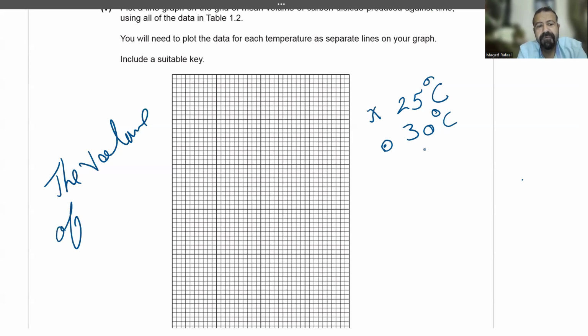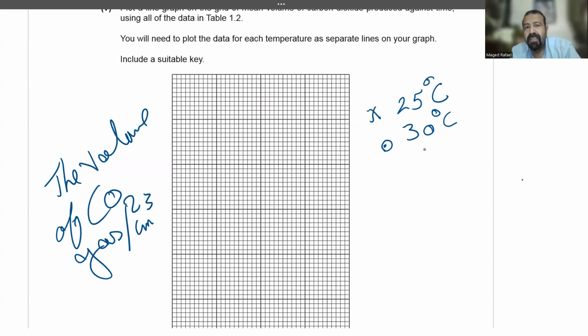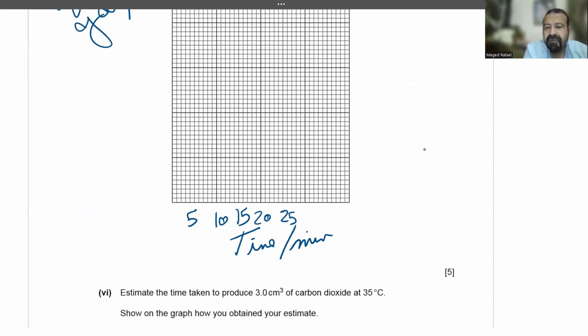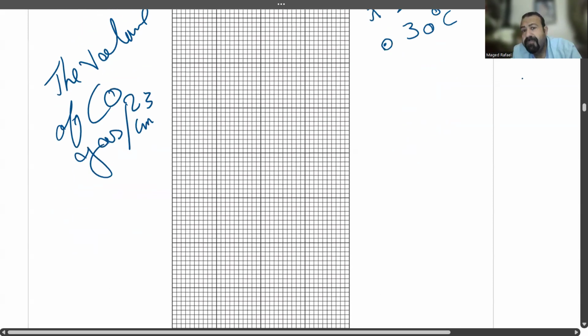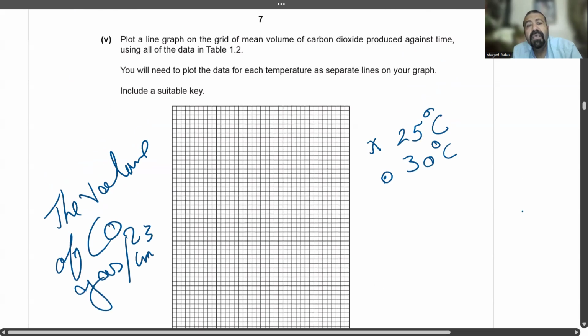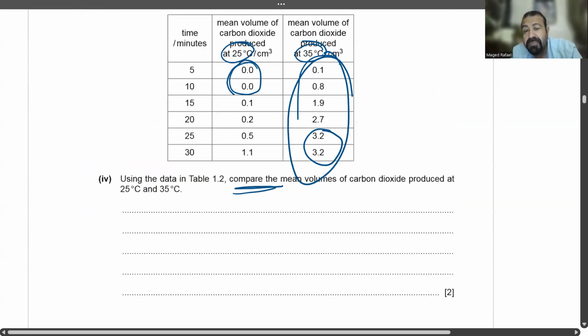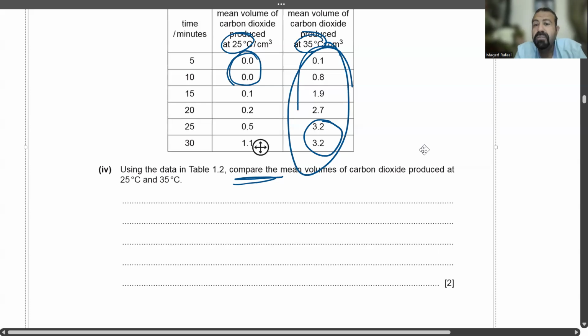The volume of carbon dioxide gas per cubic centimeter, and the time is very easy. It will be 5, 10, 15, 20, 25, 30. And also, kids, imagine, thank God for this exam, the intervals will be nice because you could use from 0 to 3.2 even per point.